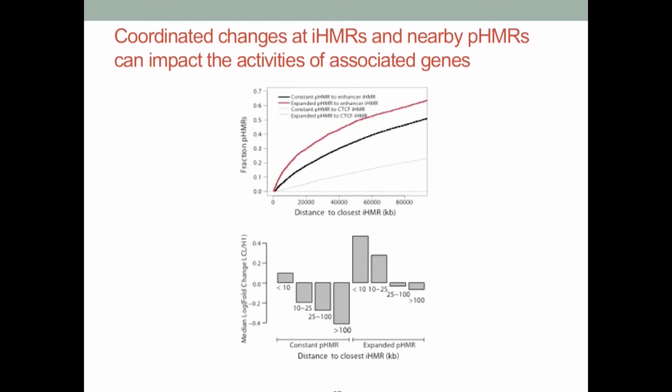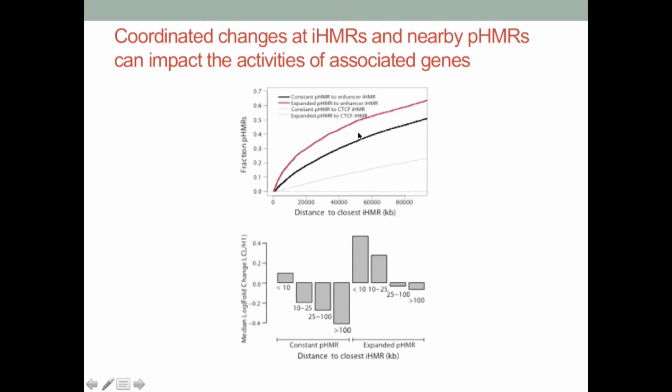And that is that the red line is really the most important line here. That's where we see that the expanded PHMR is very closely located to an enhancer IHMR. So most of the promoter HMRs that become expanded in a specific cell type almost always have a partner enhancer intergenic HMR.